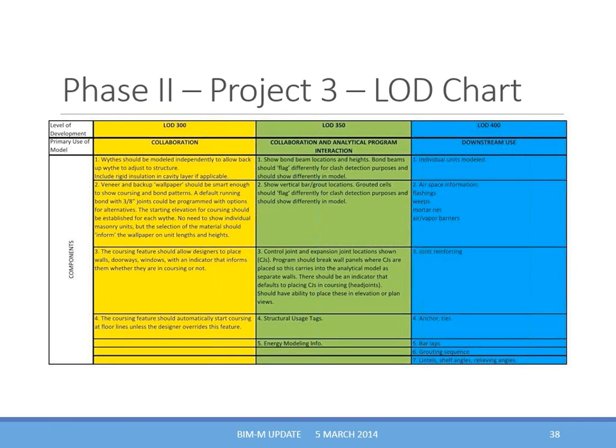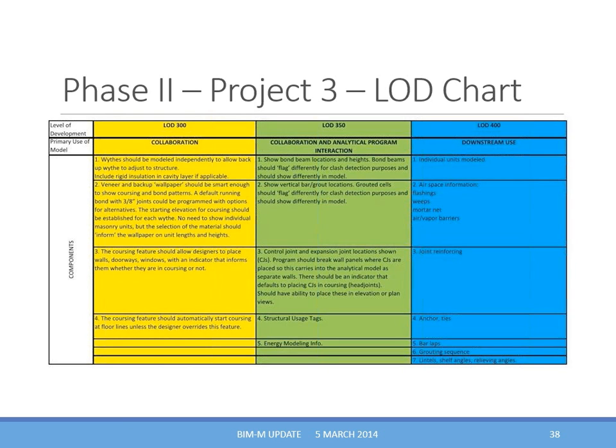It was also pretty widely recommended by everyone in the group that the veneer and the backup system should have some kind of a smart wallpaper on it that could show coursing and bond patterns. So all of this differs from the recommendations of the BIM Forum, but it's being expanded upon from recommendations from within the masonry industry.